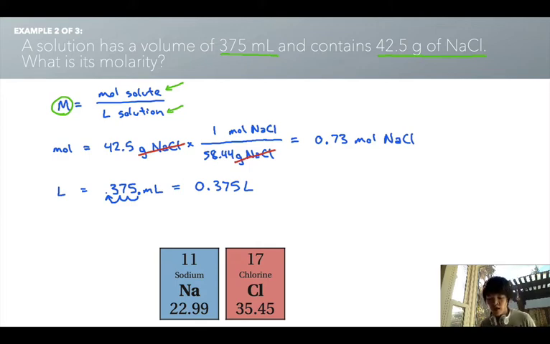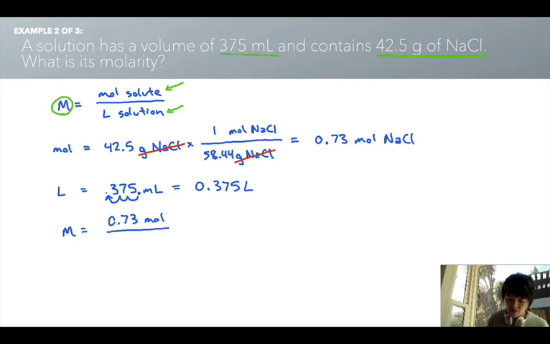So now I just need to divide moles by liters to get the molarity, to get the concentration. So molarity is equal to 0.73 moles, and we divide it by 0.375 liters of our solution. So take a calculator, divide those two numbers.